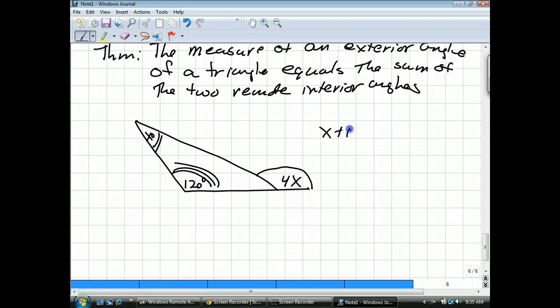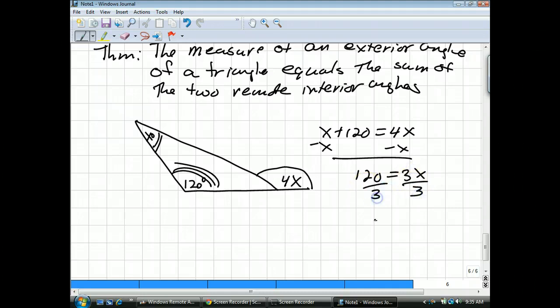So x plus 120 has to equal 4x. So solve for x. Divide by 3. So 40 equals x.